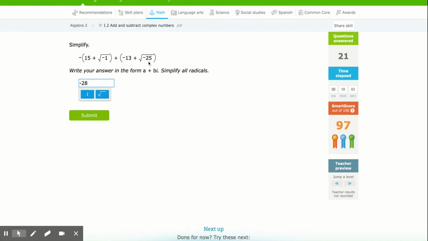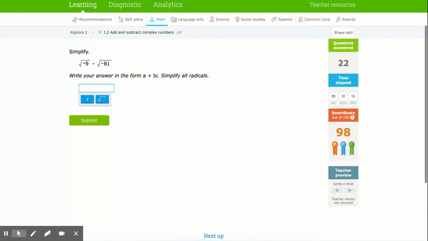Negative i plus 5i is going to be plus 4i. Again, 3i minus 9i is going to be a negative 6i. I can't minus 9 from 3. Really, I can. 3 minus 9 is negative 6. Wow, that would have been funny.